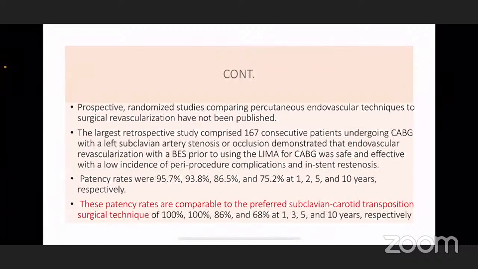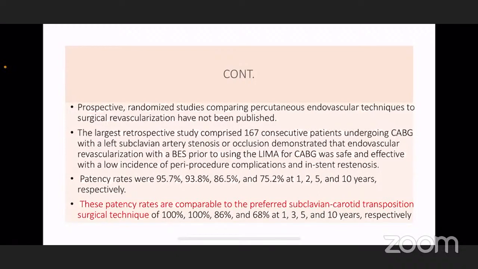Okay, if we are looking for the evidence, prospective randomized controlled trials comparing the percutaneous endovascular technique to surgical revascularization have not been published. But looking at retrospective studies, the largest comprised 167 consecutive patients undergoing CABG with left subclavian artery stenosis or occlusion.